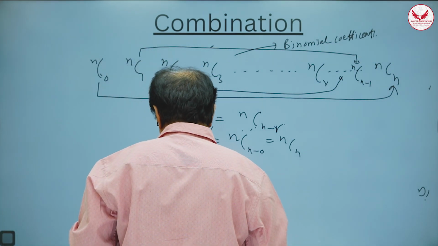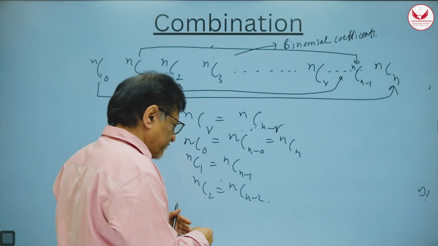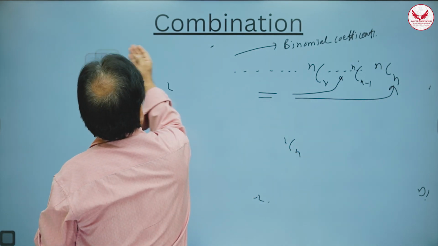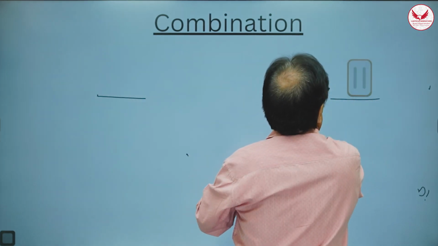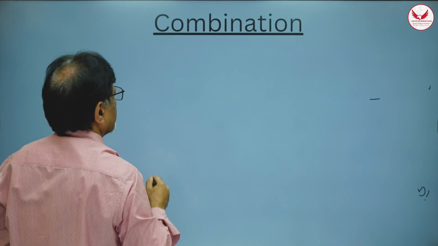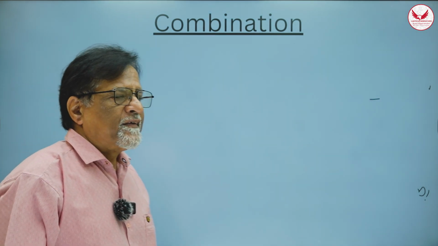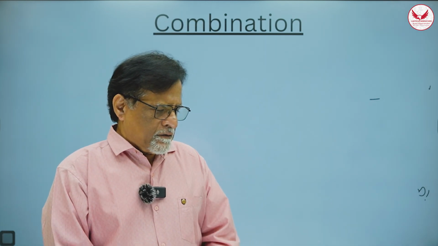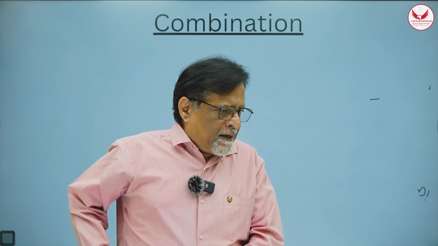And I want one more property to be understood by all the students, and that property is called Pascal's identity. In the 16th century, there were two mathematicians, one was called Pascal, and there was another mathematician.